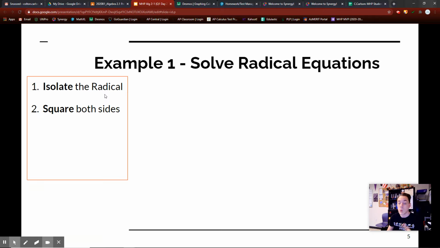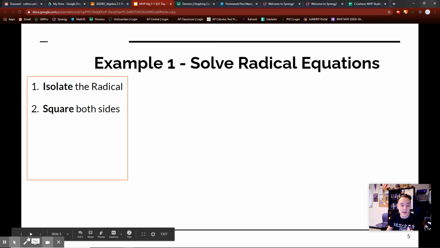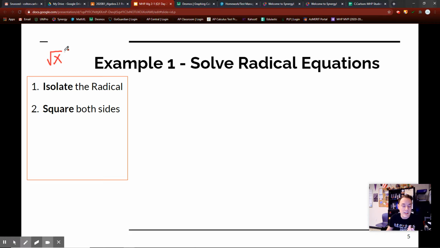Square both sides. Why? Because this is the thing that we need to understand. If I have a square root of x, let's just say this is 1, I need to square both sides, so that square and this square root, notice how I'm kind of canceling the square root here, not the x, so that it goes poof and I have x equals, of course, 1 squared, which is just 1.